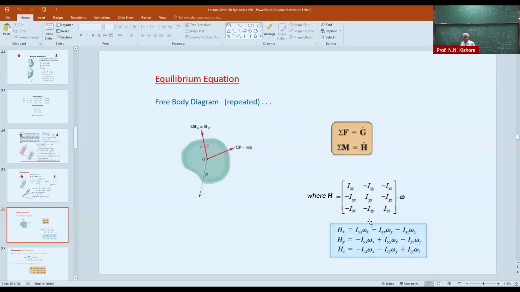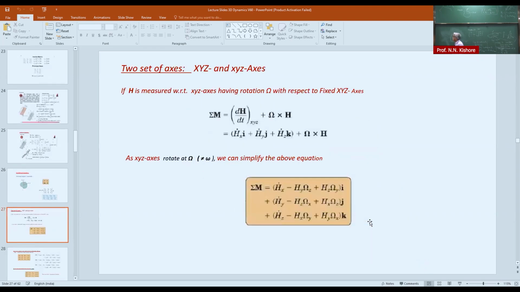This is the one where I have written the equilibrium equations, where H is given by I omega, and then this I omega is like this. This is the one I was talking to you about. I'll make this PPT available to you. In fact, I've sent one earlier, but this is a slightly more concise version.